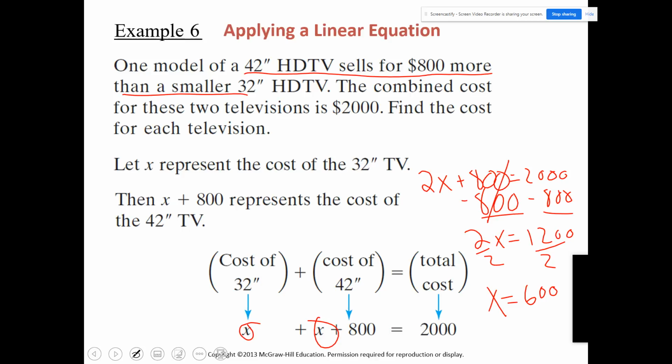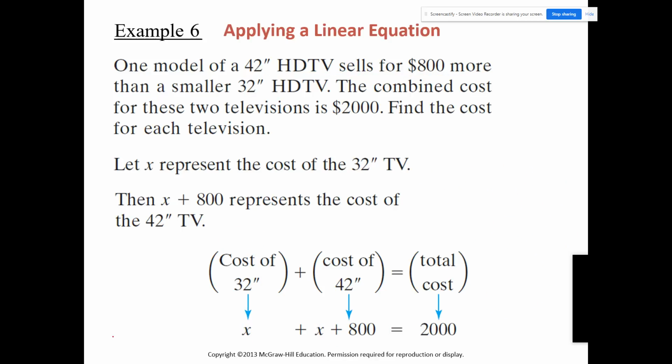So we just found the cost of the 32-inch TV. So if we know that the smaller TV is $600, the larger TV is 600 plus 800, which is going to be 1,400. And together, they cost 2,000. This one's a little trickier than the others. Let's do another one, because you will see a problem like this again.